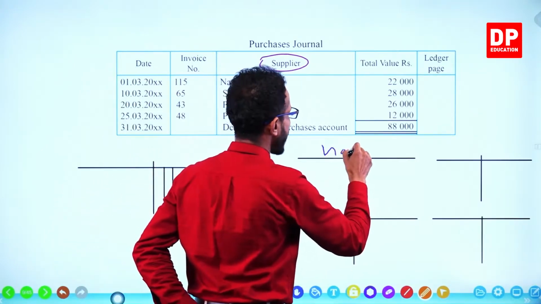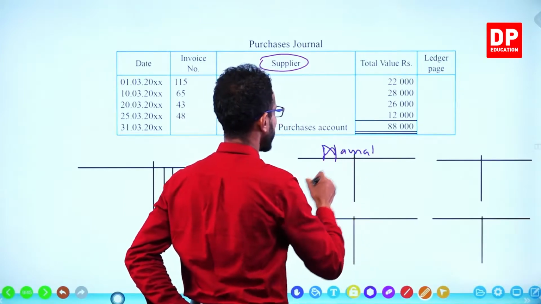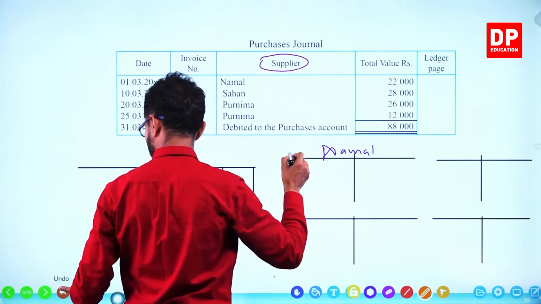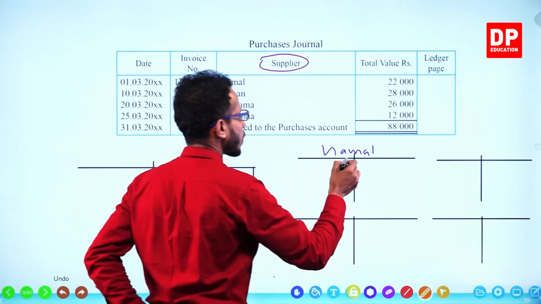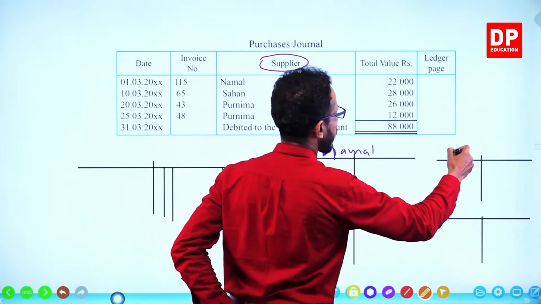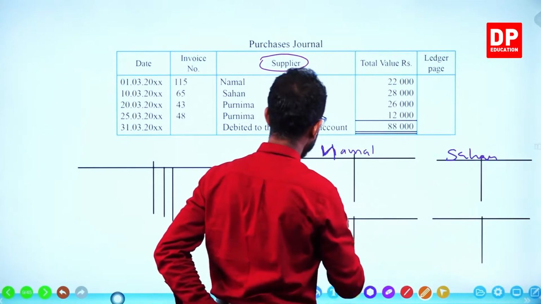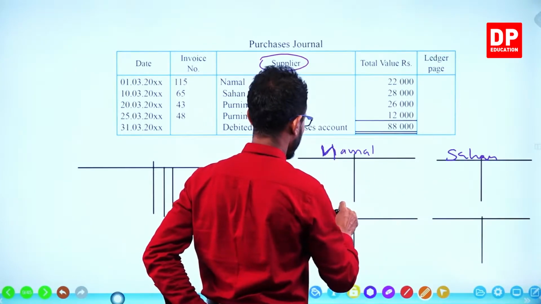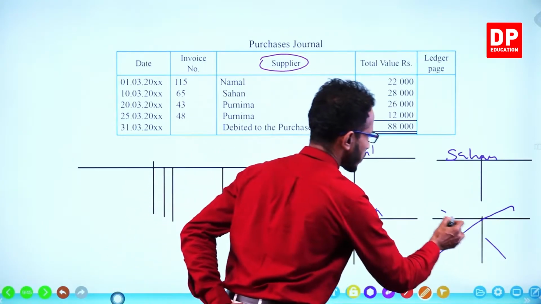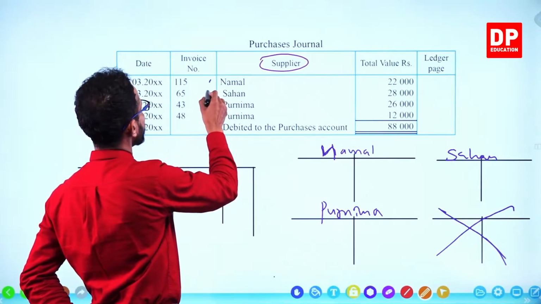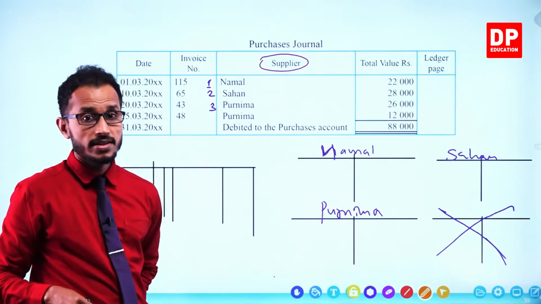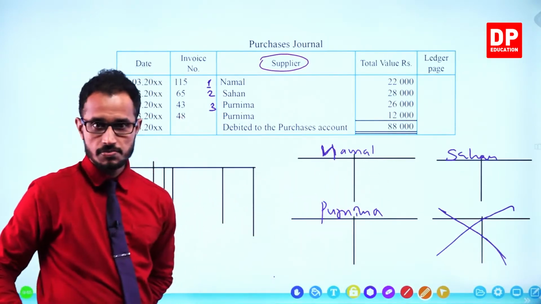We separately had a Namal account, and we had an account for Sahan. We had an account for Purnima. This account was not needed because there are only 1, 2, 3 creditors here. So 3 accounts for the 3 creditors.